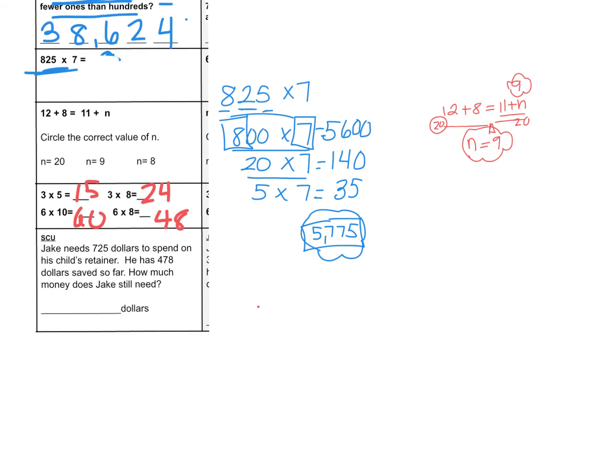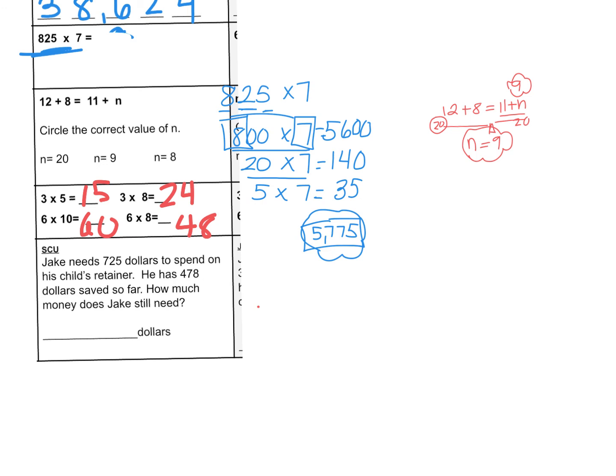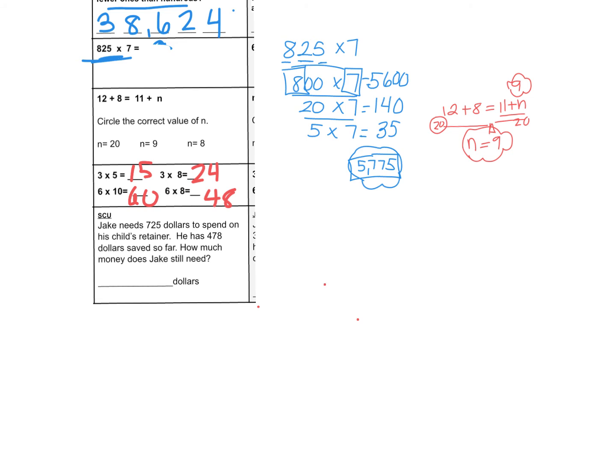Our CGI question says, Jake needs $725 to spend on his child's retainer. He has $478 saved so far. How much money does Jake still need? So this one you might need to draw a little sketch or draw a quick little picture or act it out. I'm going to draw a little sketch. So we have Jake, and Jake needs $725 for his retainer, for his child.